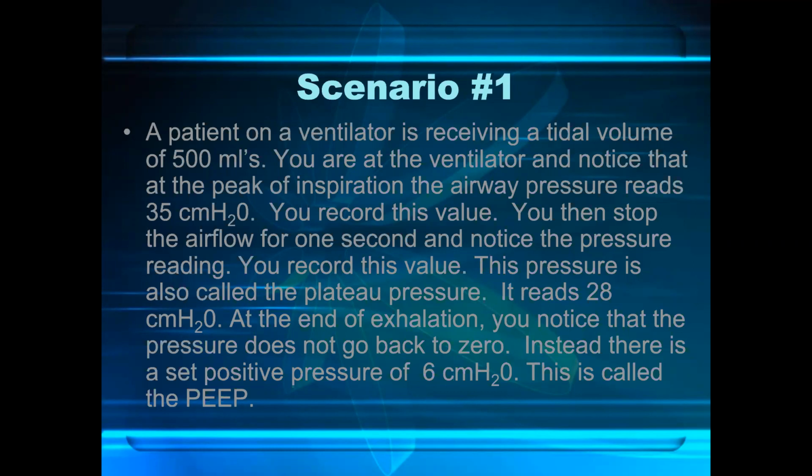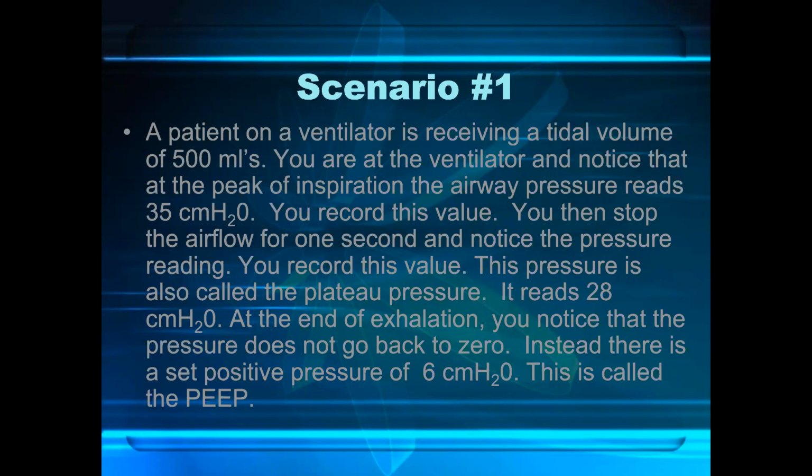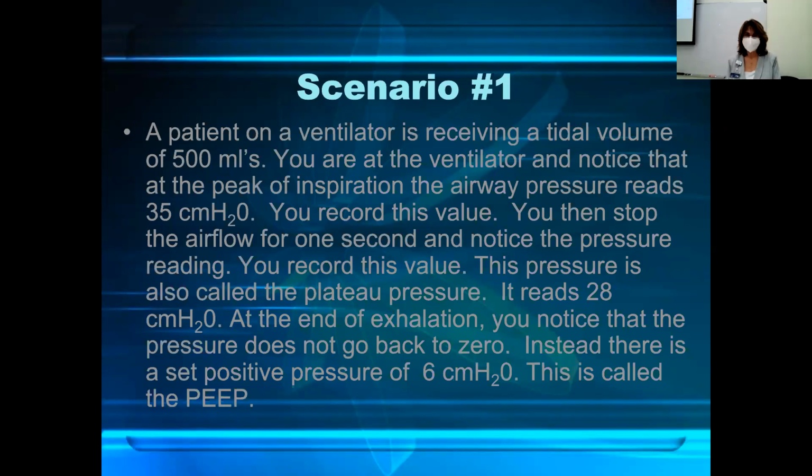That's the top, yeah, and keep going. So it's mLs and centimeters of water. You got it. All right. Good job. All right, let's see who else can help us out here.